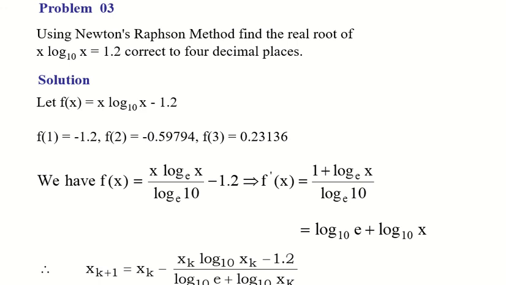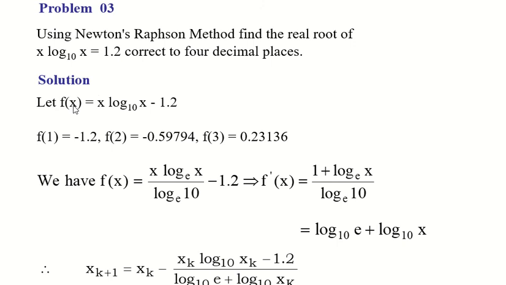Okay, we shall consider one problem here. The question is, using Newton-Raphson method, find the real root of x log x to the base 10 is equal to 1.2 correct to 4 decimal places. x log x to the base 10 is equal to 1.2 correct to 4 decimal places.